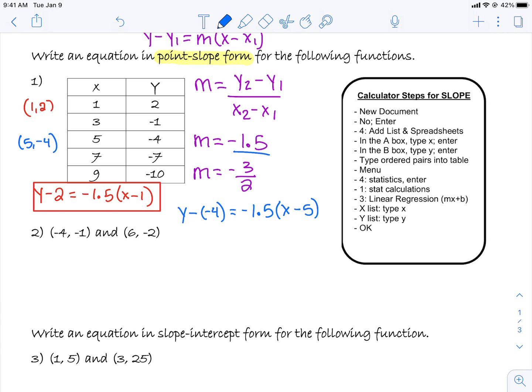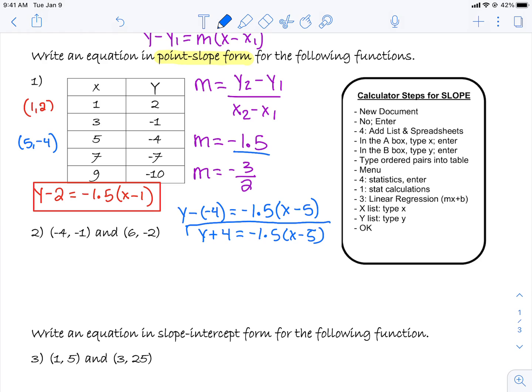When I have a double negative, that turns to a positive. So it turns into y plus 4 is equal to -1.5 times (x minus 5). Oops, forgot the parentheses. So just know that you can always have different numbers and it's still the same equation.